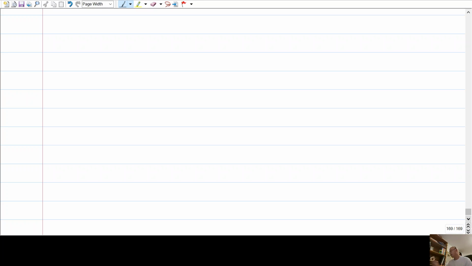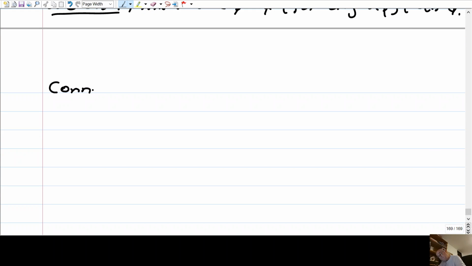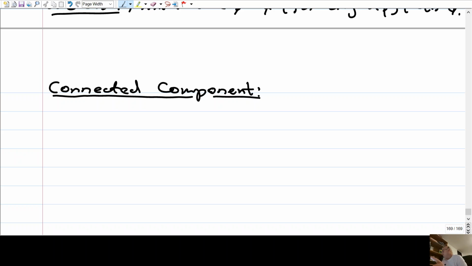Now I will define connected component. For any 2 points, let x, y be arbitrary points.